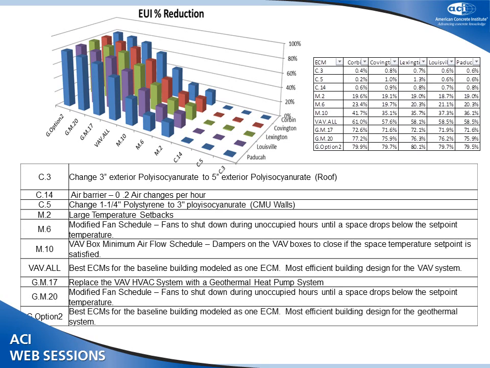Where we get the larger and larger effects are all in the mechanical area. These are the M's. Or in the combined ones where we're going into the G options, which incorporate up to an 80% reduction when we start to get into the geothermal heat pump systems, particularly when the ground coupled. That's when you're getting the very, very high reductions in your energy use.